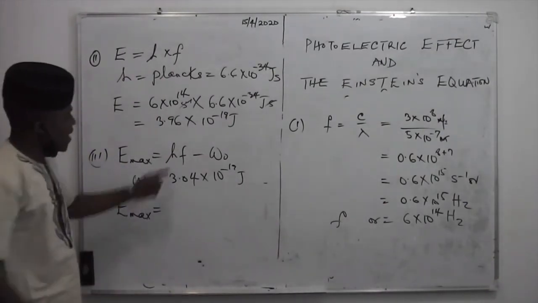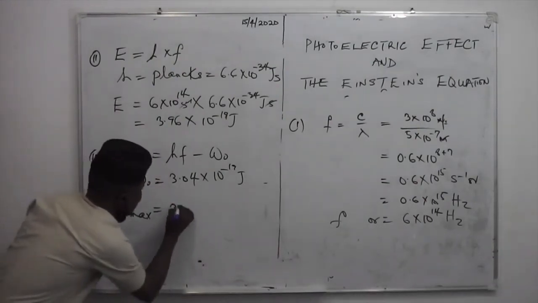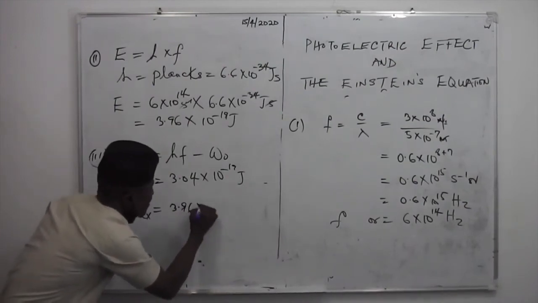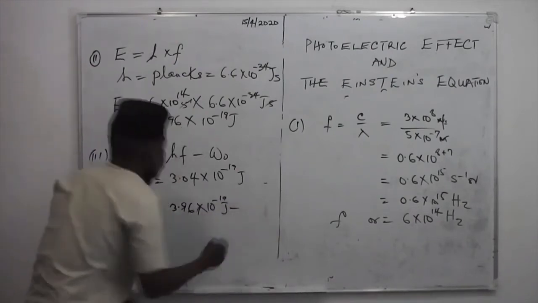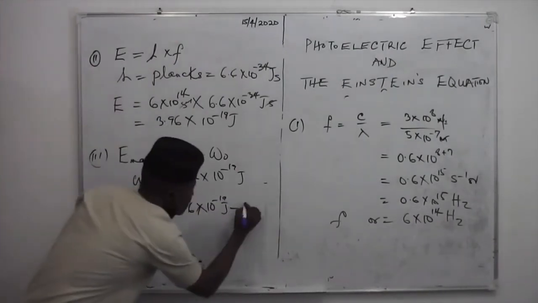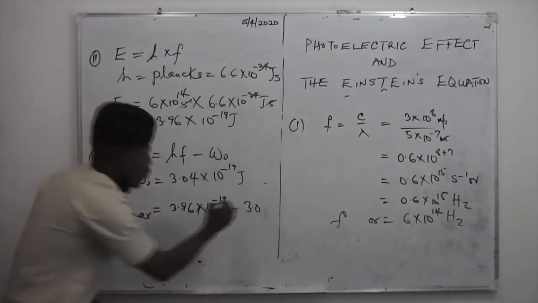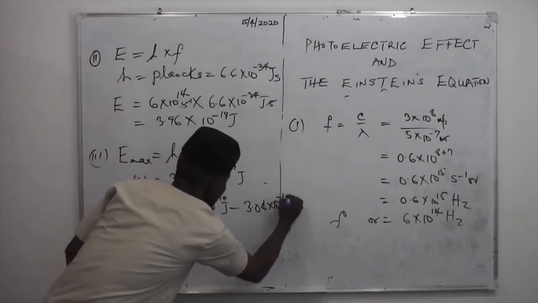We have hf, the energy of the photon, from the second question, 3.96 times 10 raised to minus 19 joules, minus the work function, 3.04 times 10 raised to minus 19 joules.